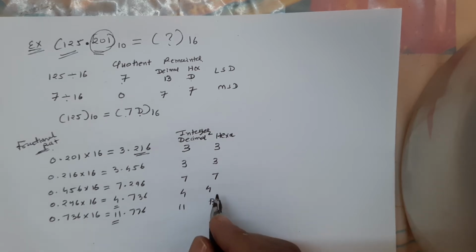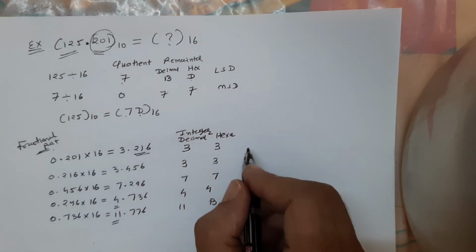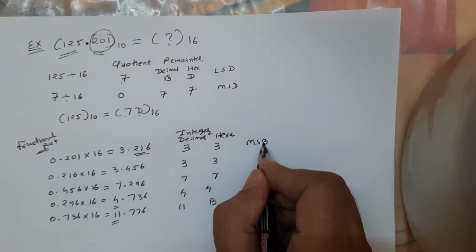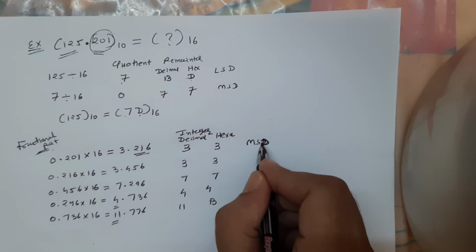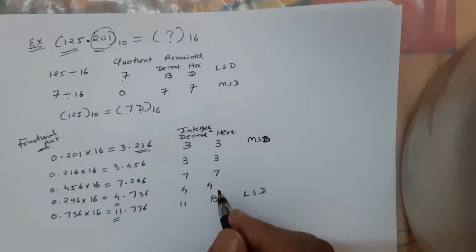So in this way, in this fractional part, the upper portion is MSD, and the lower portion is LSD, least significant digit.